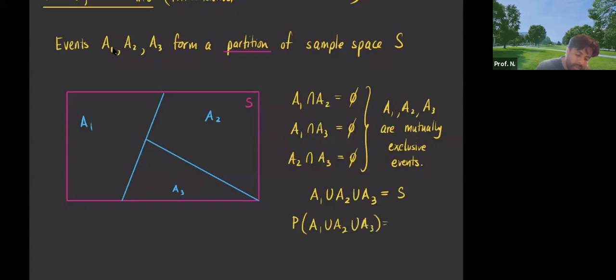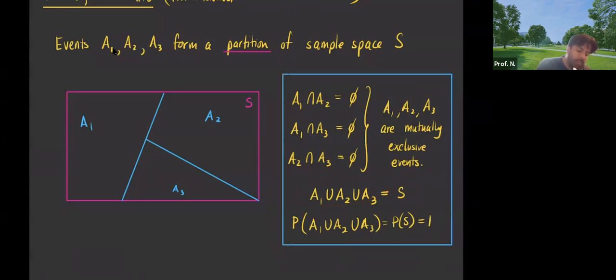This is equal to the probability of the sample space, which equals 1. So the union is not 1. The union is the sample space. The probability of that union, which is a sample space, is 1. So all of this, guys, is what it means for A1, A2, and A3 to partition a sample space.